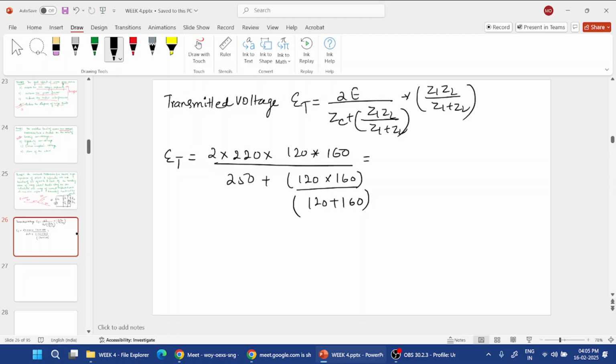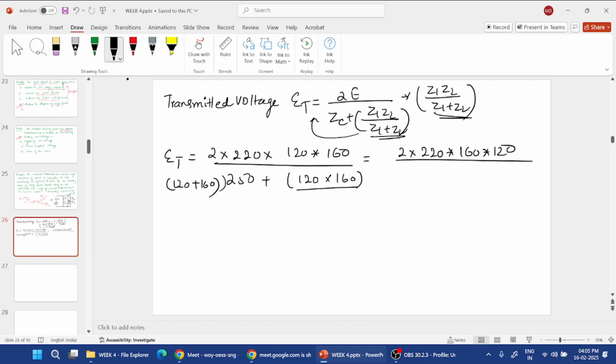Let's rearrange this: multiply ZC by Z1 plus Z2 and move it to the numerator, and these two get cancelled out. The simplified expression will be 250 into (120 plus 160) plus 120 into 160.